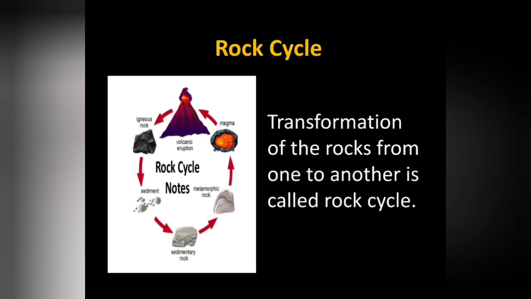The next topic is the rock cycle. One type of rock changes to another type of rock under certain conditions in a cyclic manner. And this process of transformation of the rock from one to another is known as rock cycle.